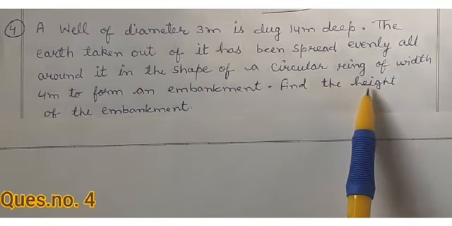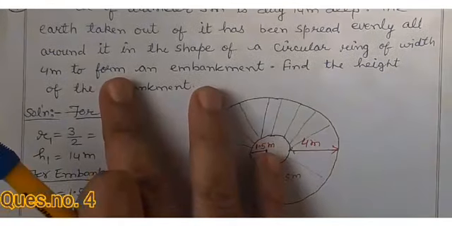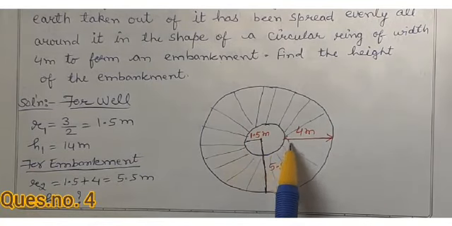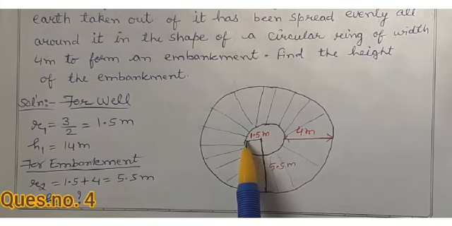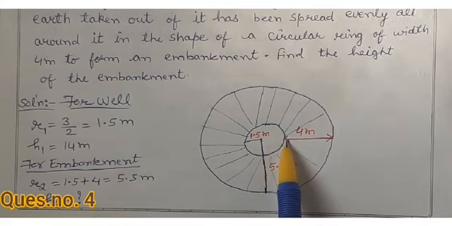So see here, this is the well, total diameter 3 meter, then radius will be 1.5 meter, and the width of that embankment is given to you as 4 meter.